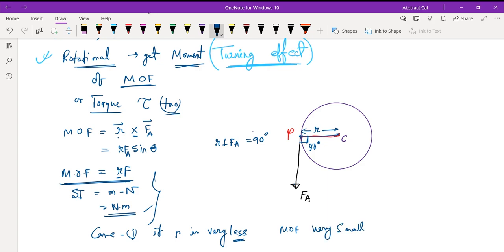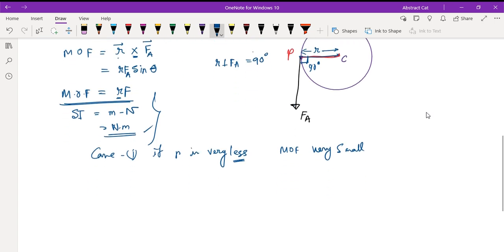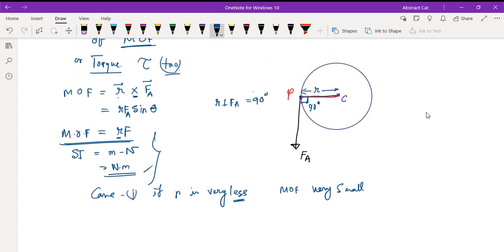If the moment of force is very small, we need more force to rotate the object.